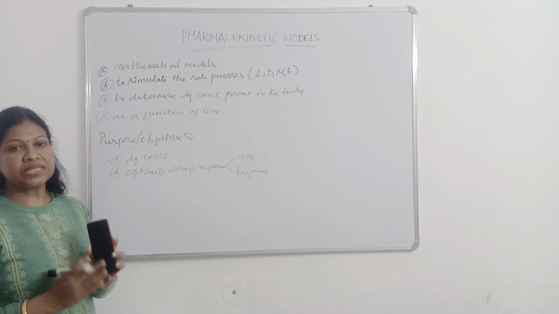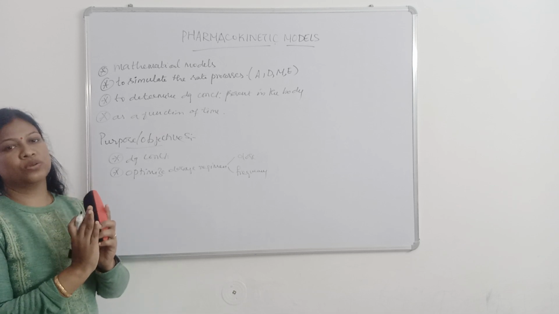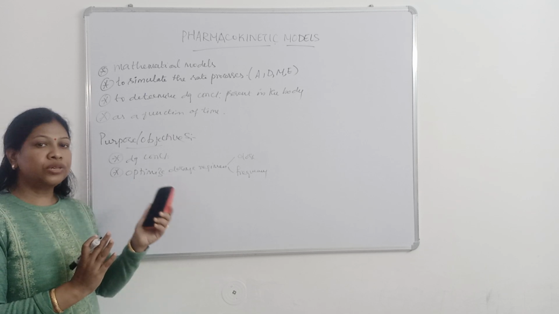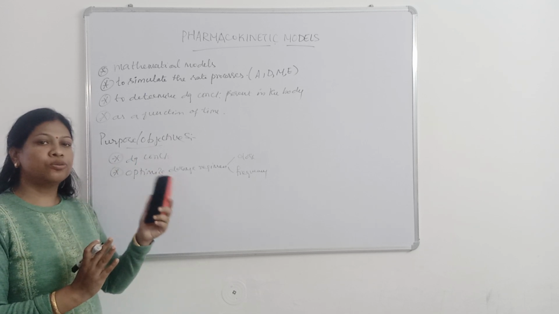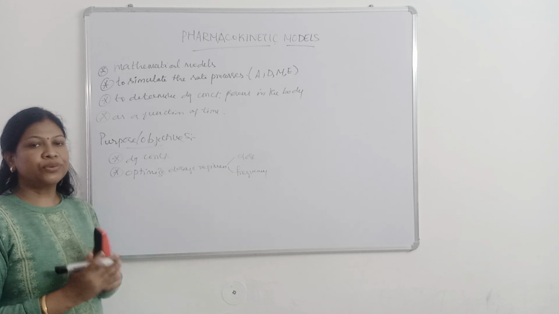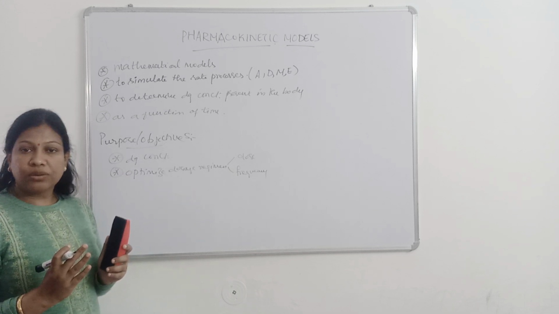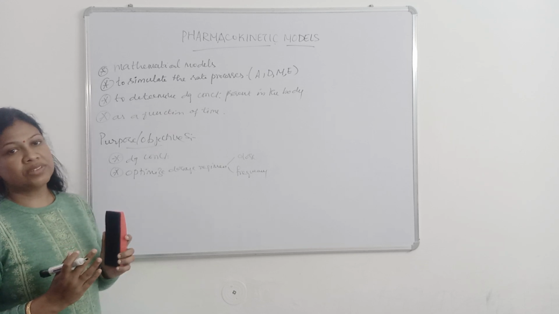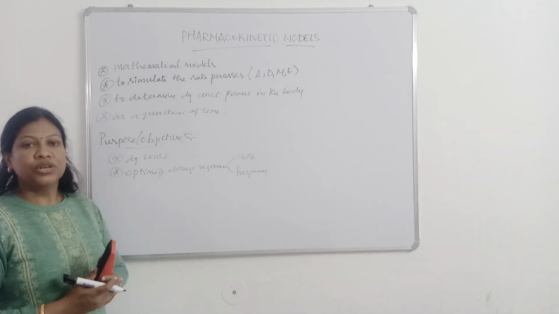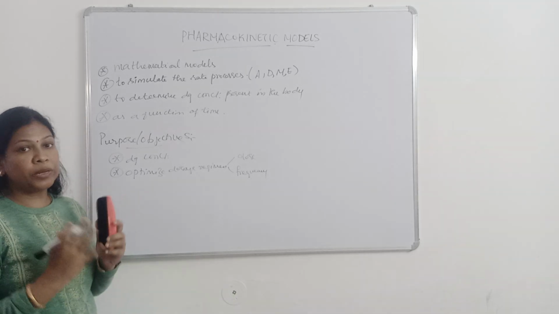There you have to optimize. The adult dose will be the normal dose mentioned in the label. But if you need to give that same formulation to a pediatric or geriatric person, then you have to reduce the dose. The dosage regimen has to be changed. Either you have to reduce the dose or reduce the dosing frequency. That is known as optimizing.